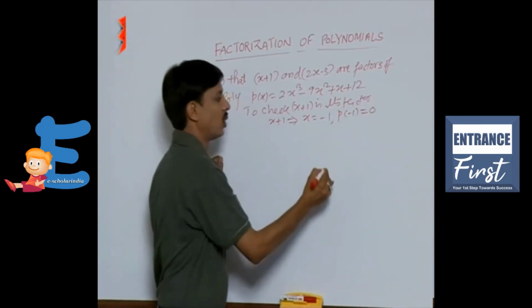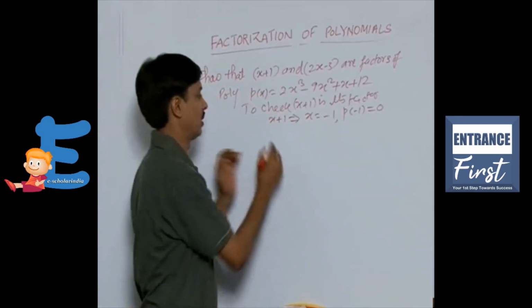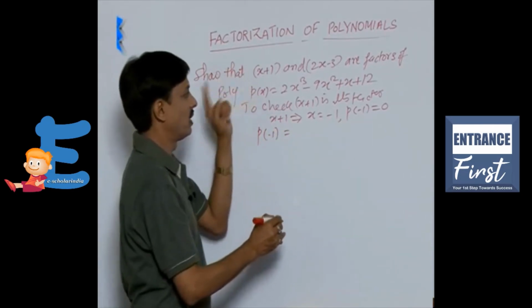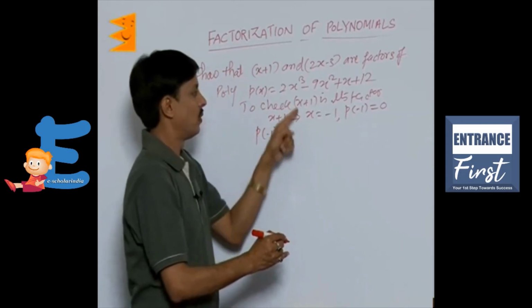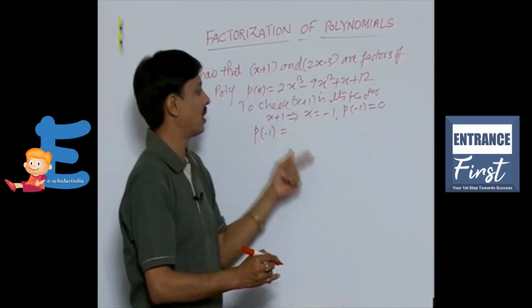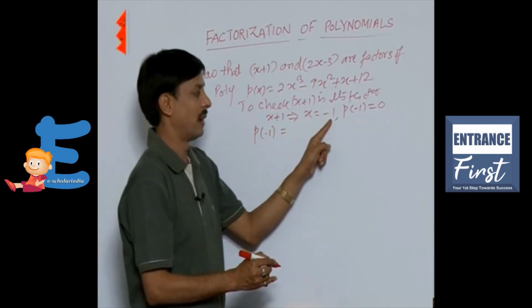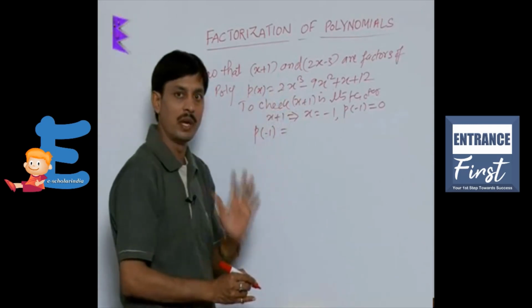If this becomes 0, then we say yes, x plus 1 is a factor. So we will trace the value of p of minus 1. x plus 1 will be a factor only if the value of x so obtained, that is x plus 1 implies when plus 1 is transferred, x equals to minus 1. So on x equals to minus 1, the remainder of this polynomial should be 0.